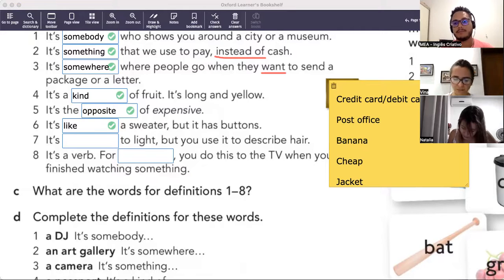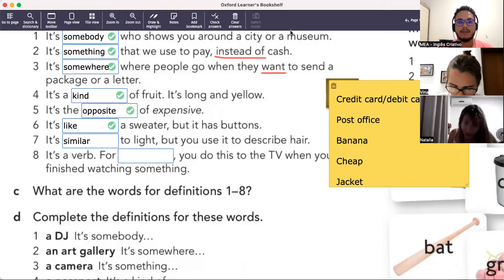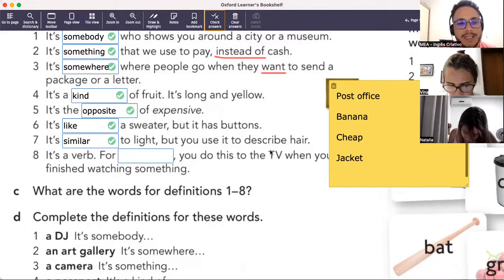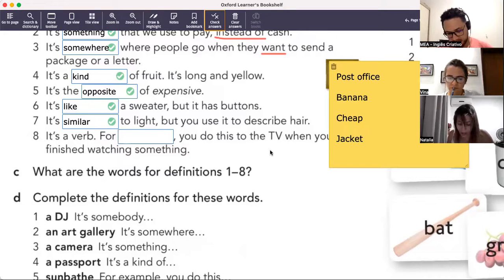It's similar to light, but you use it to describe hair.